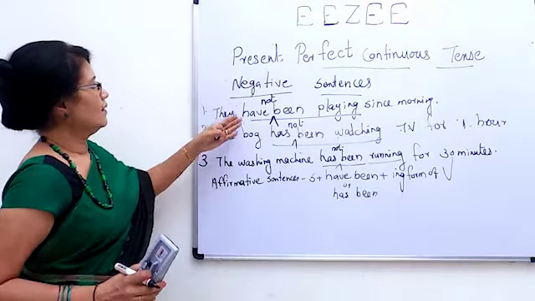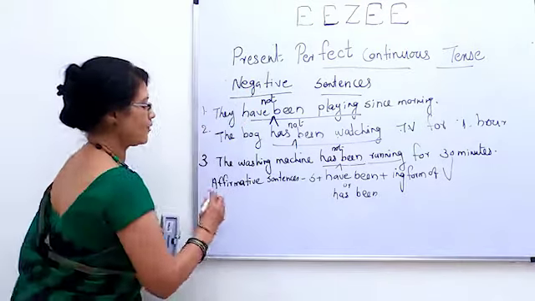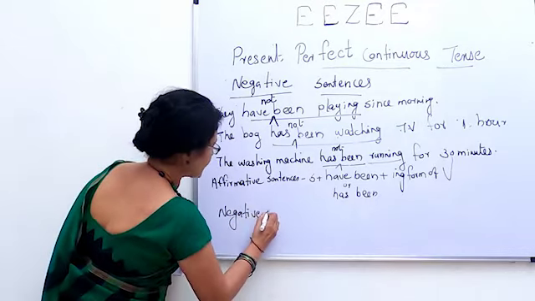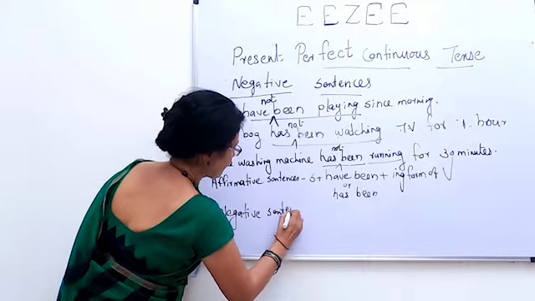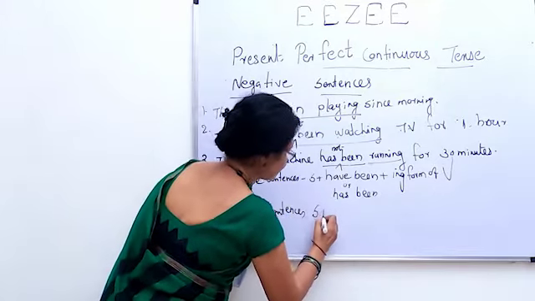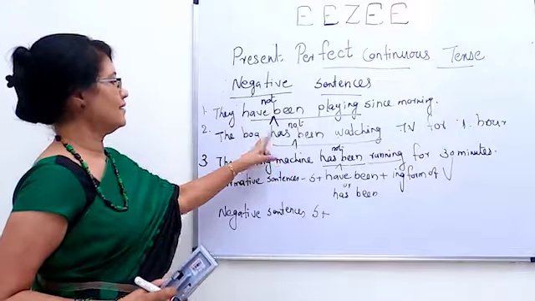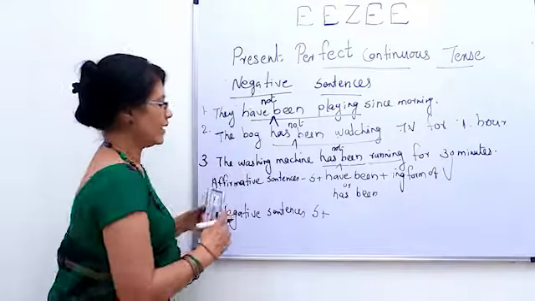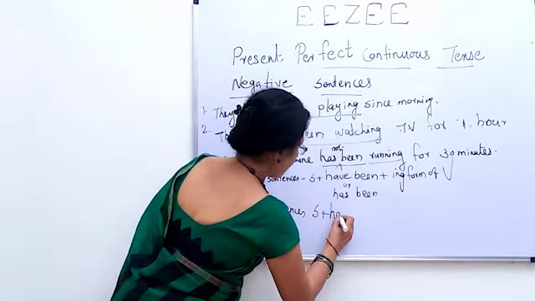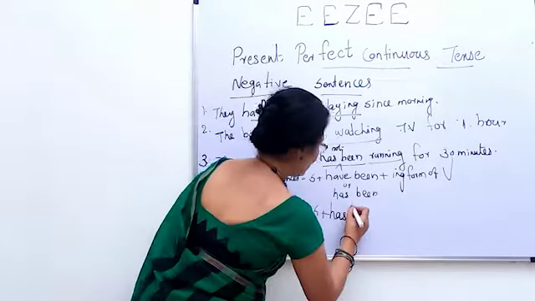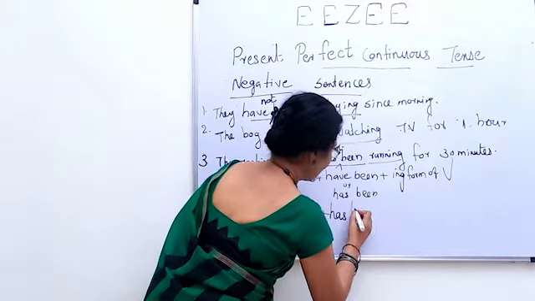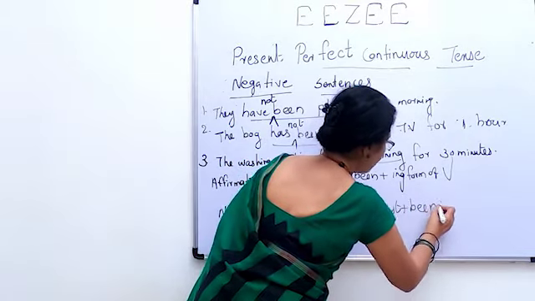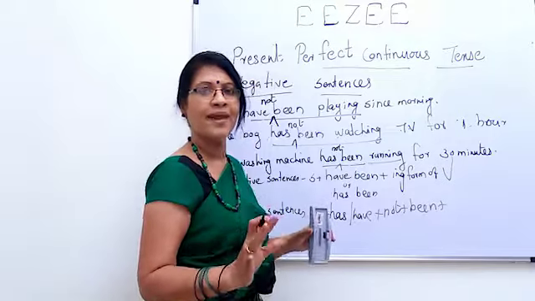Then we can see the negative sentences. Negative sentences: subject, the boy, has or have plus not plus been plus the ing form of the main verb.